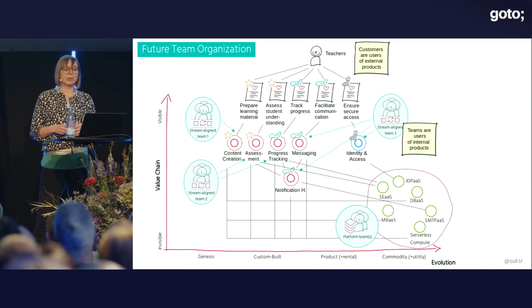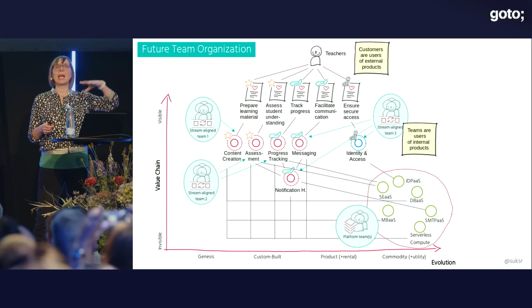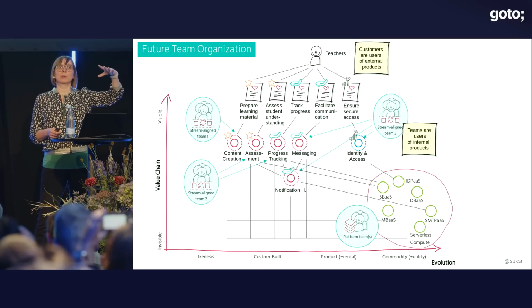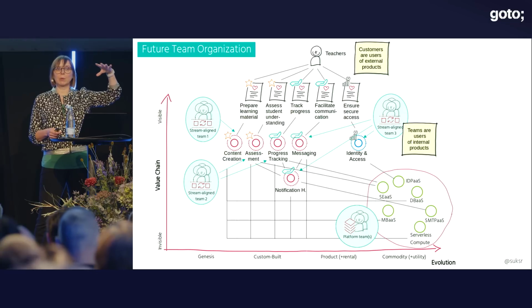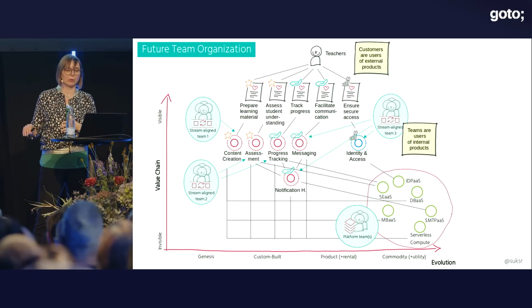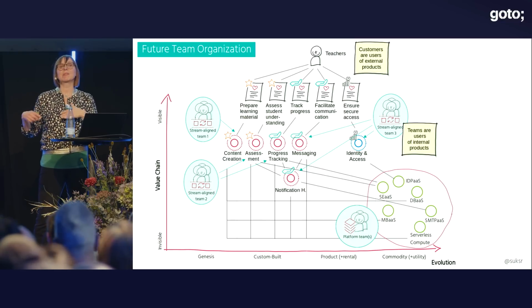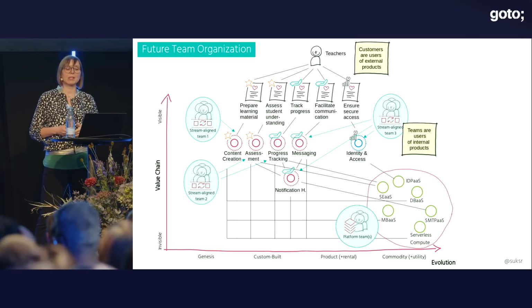So when talking about team dependencies and ownership, we can also switch now from the external customer view, where our end customers are using our external product, to the internal customer view, when we switch to the platform perspective, where the teams now represent the users of our internal products, the platform.